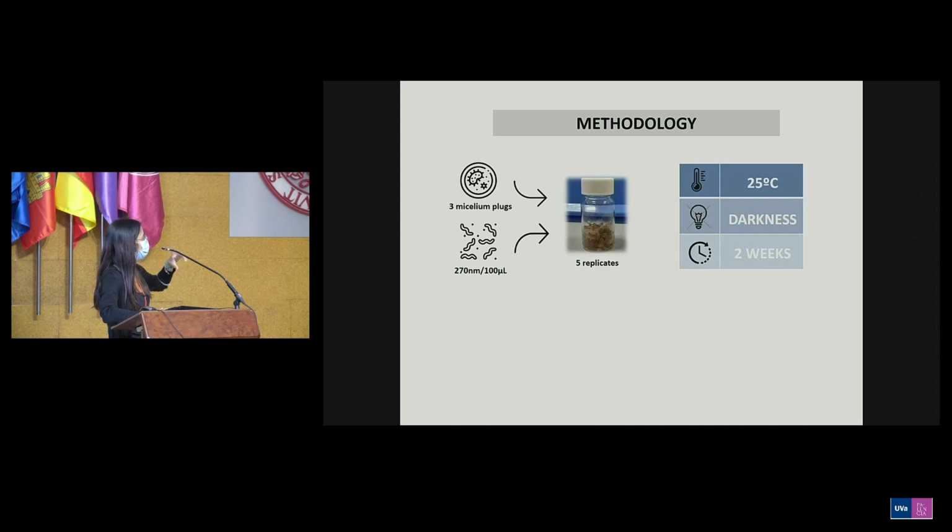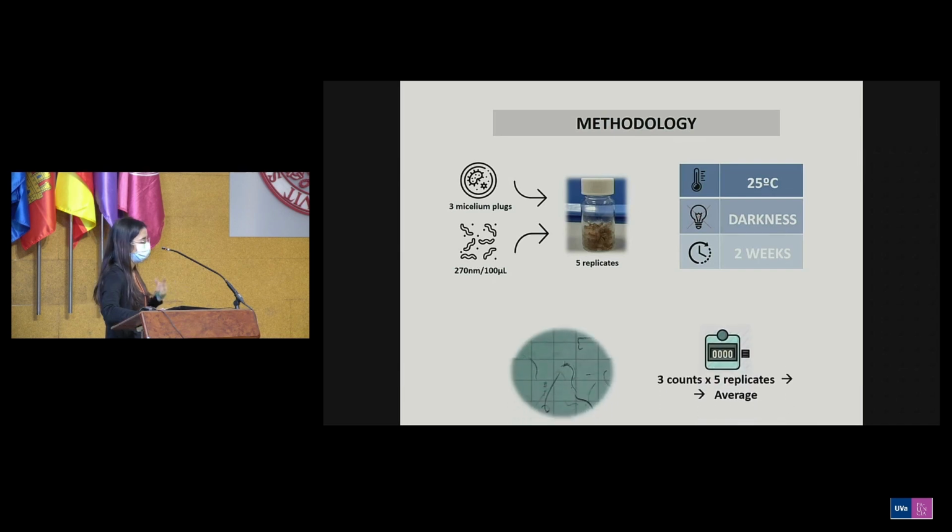We prepared these vials with autoclaved barley and poured inside 3 mycelium plaques of each fungi or culture media in case of the control. And we poured 100 microliters of the nematode suspension, a total of 270 nematodes. 5 replicas were set for each treatment, and we maintained them at 25 degrees centigrade in dark during 15 days.